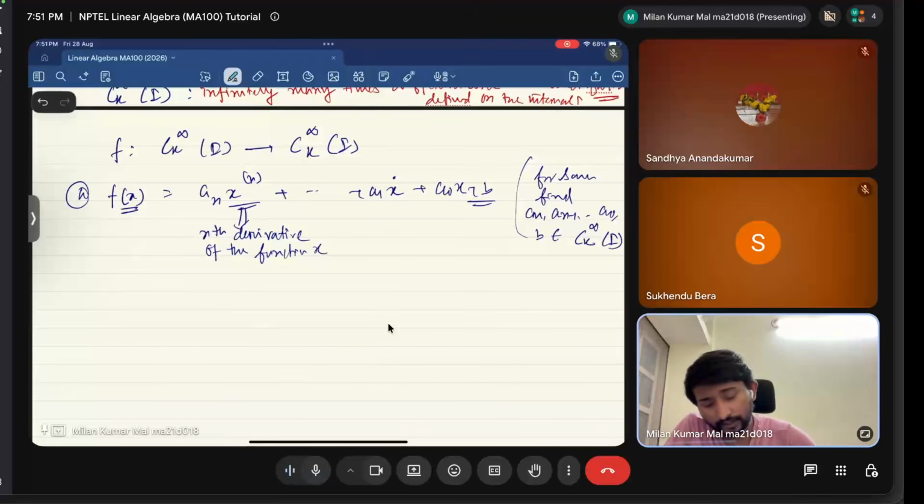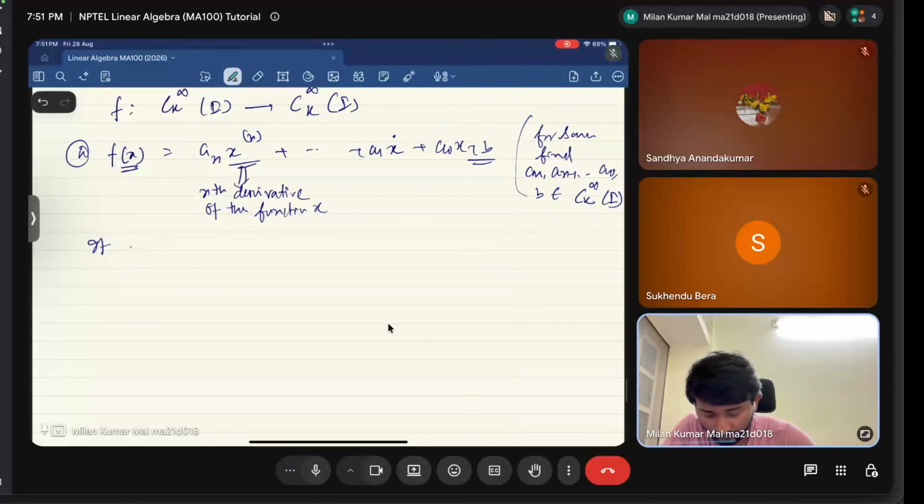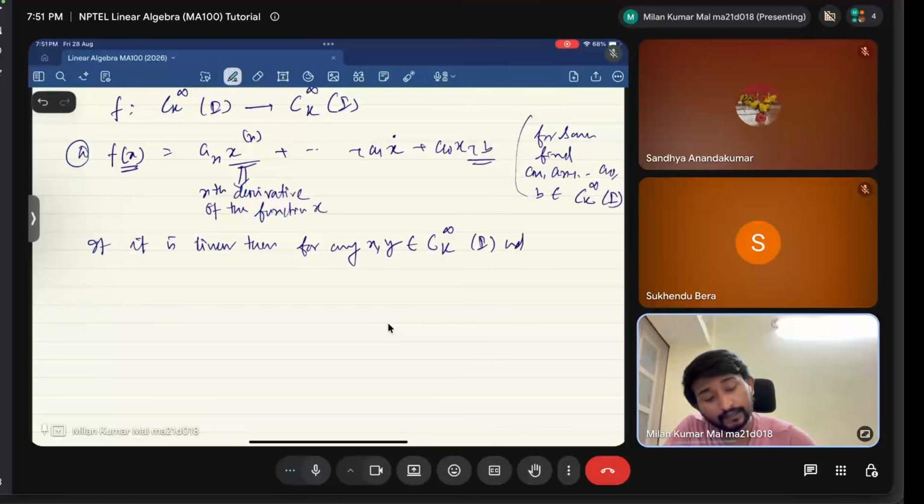So let's check. If it is linear, then for any x and y coming from the space C infinity of I, and c coming from the field, what is the field here?